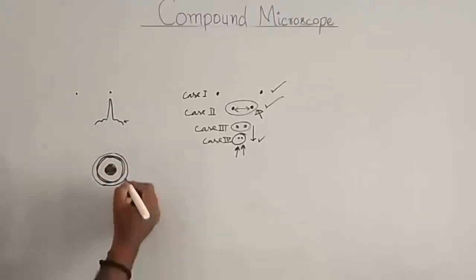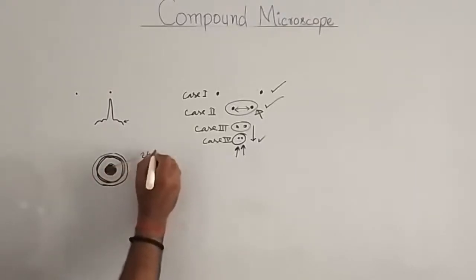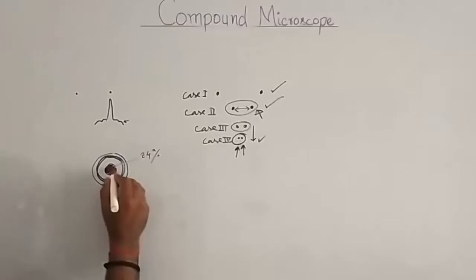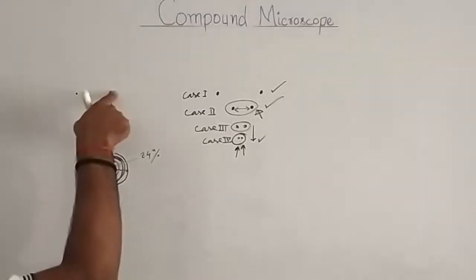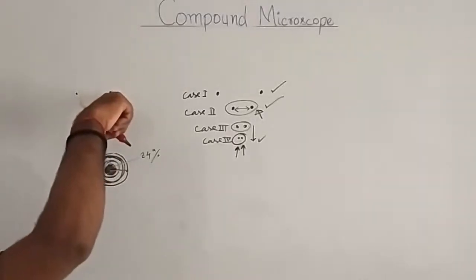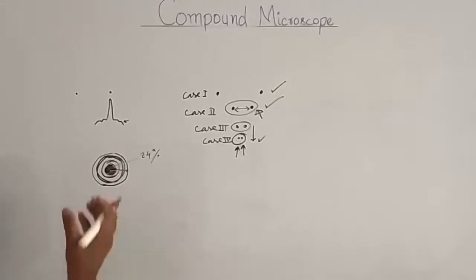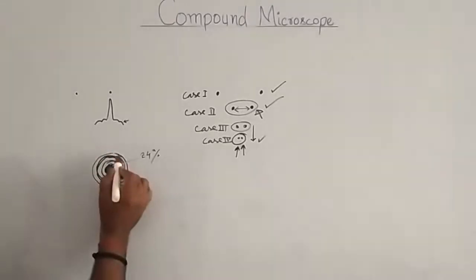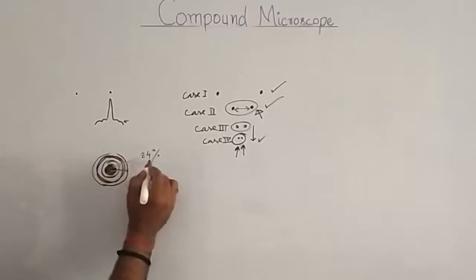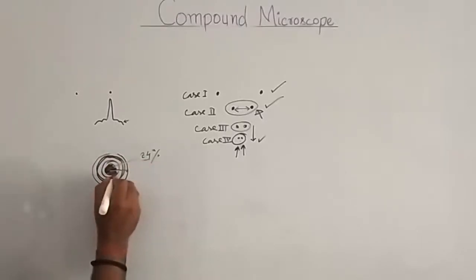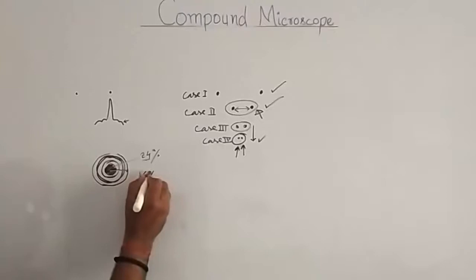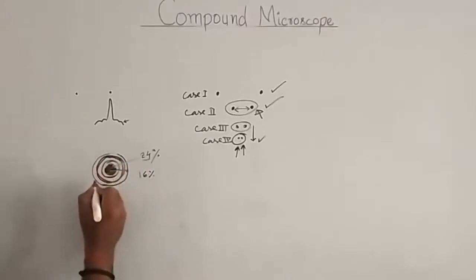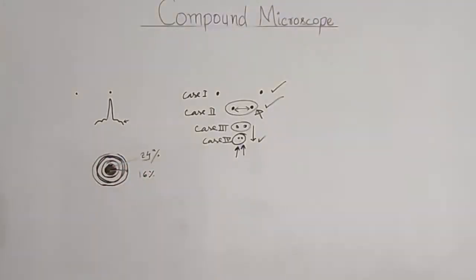So maximum intensity, about 84%, we observe here, and further this intensity declines when we move away from the center. When we observe this dot through the light passing through the object, the light intensity at the center is 84% and the rest 16% is distributed, forming concentric rings.